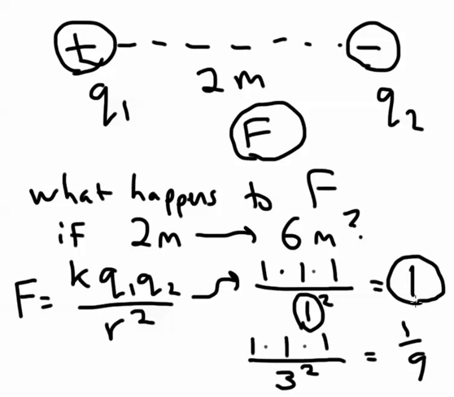So it looks like the force, which was originally 1, became 1/9. So it was divided by 9. So that tells us that when the distance is tripled from 2 meters to 6 meters, then the force will be divided by 9. And that will be true no matter what the distance was and no matter what the charges are. It's just a property of this formula that always works for when the distance is tripled.